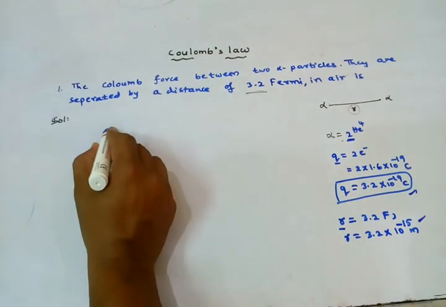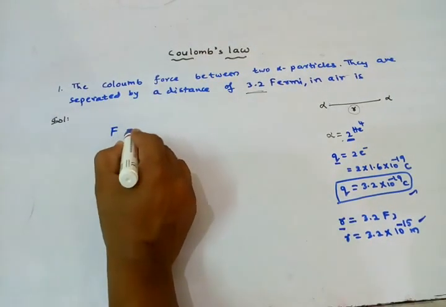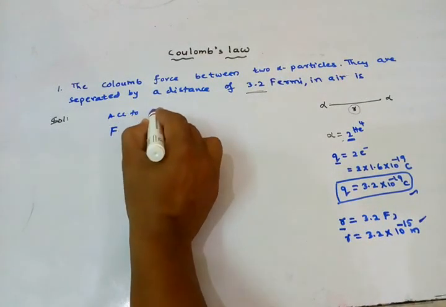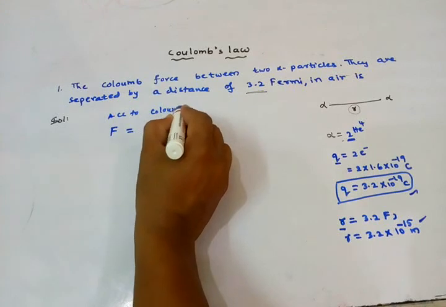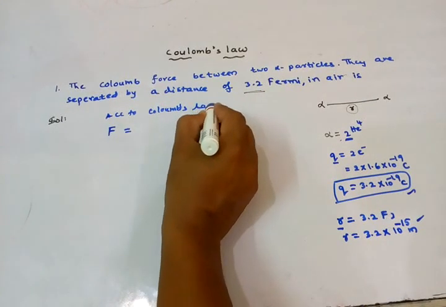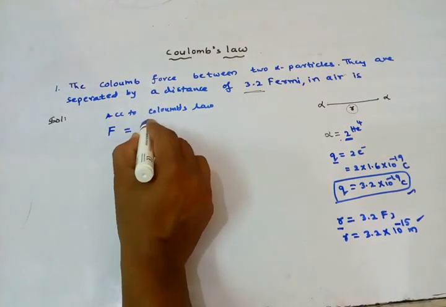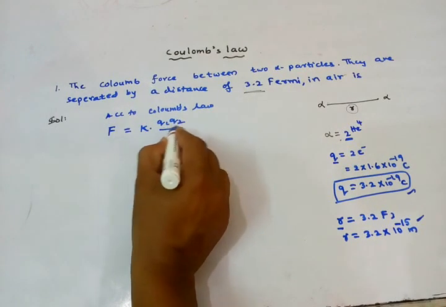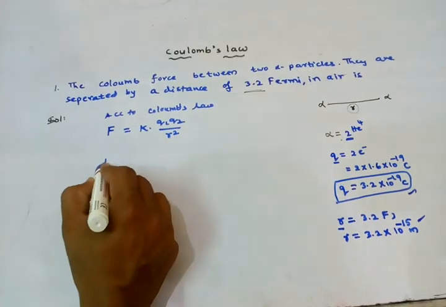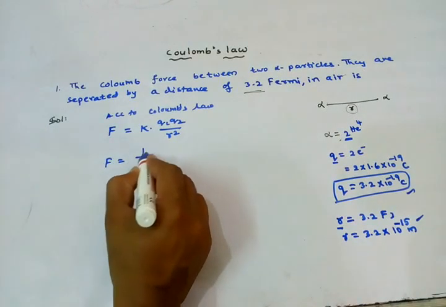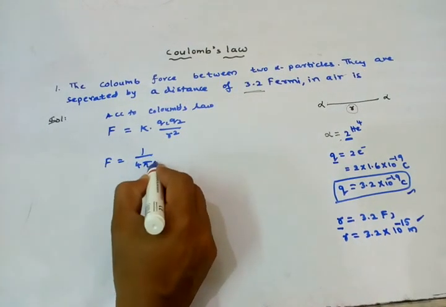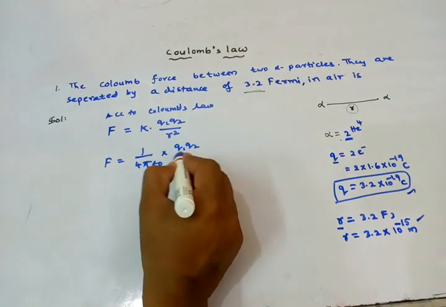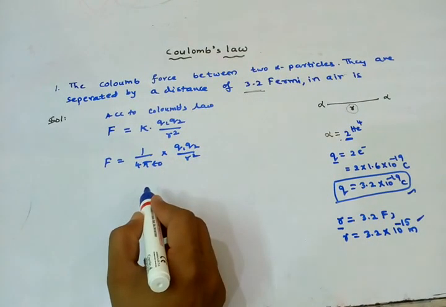Now the force, according to Coulomb's law, is F equal to K into Q1 Q2 by R square, F equal to 1 by 4 pi epsilon naught Q1 Q2 by R square.